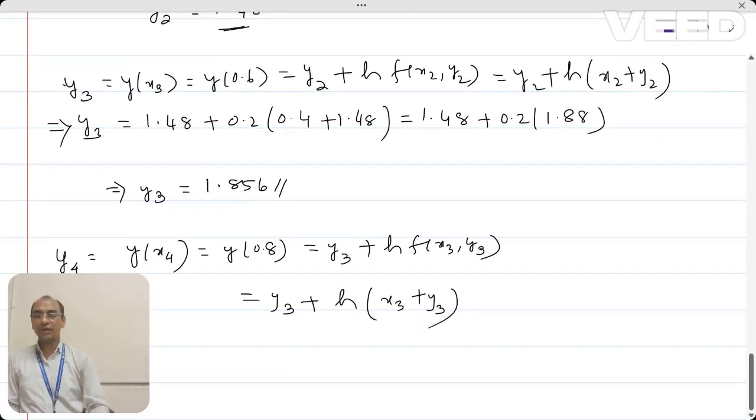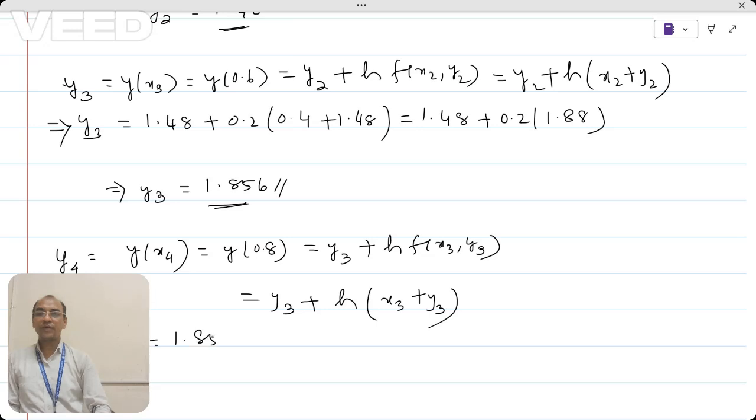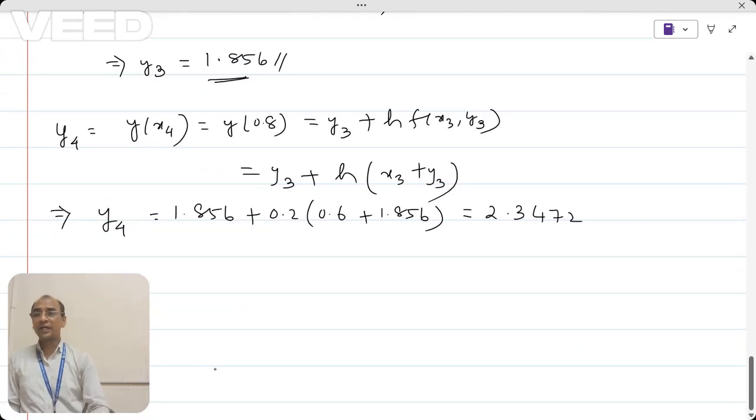Now you put the values and try to find the value of y4. y3 means the recent value, 1.856, plus 0.2 into x3 means 0.6 plus y3 means 1.856. If you simplify it, you will get 2.3472.